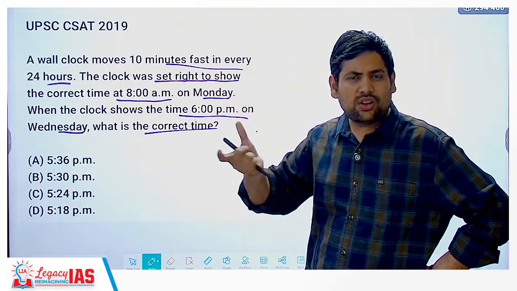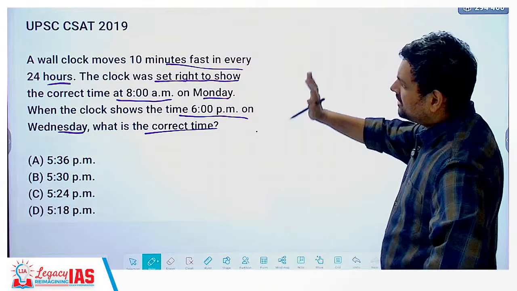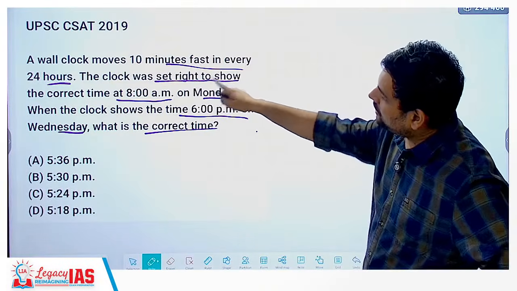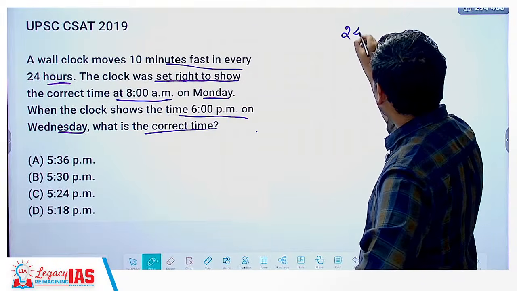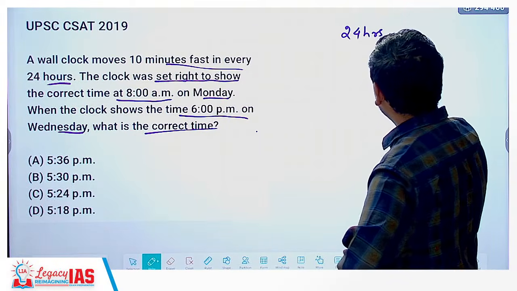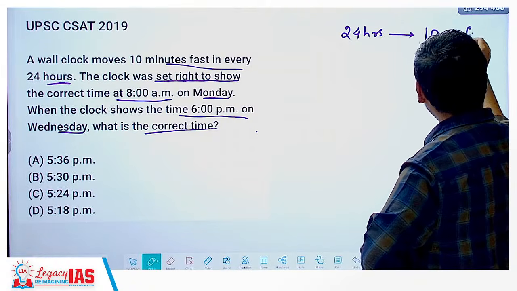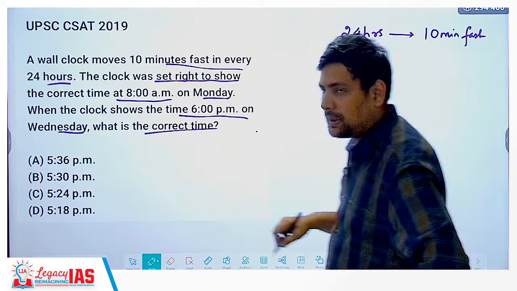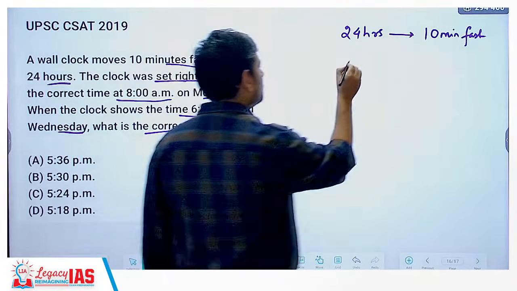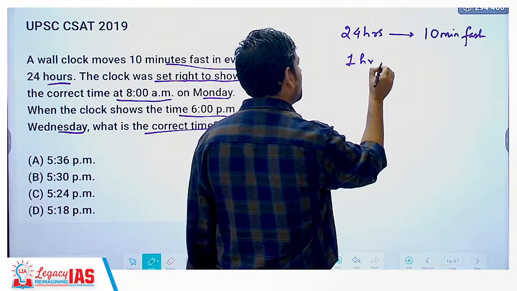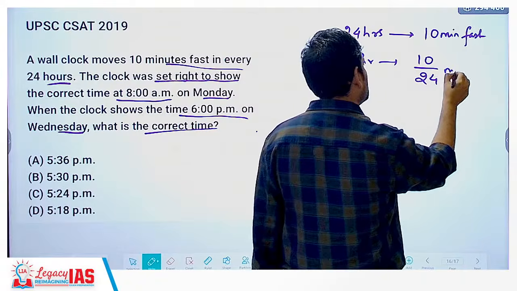In a day, how wrong does the clock become? Just simple mathematics. A wall clock is 10 minutes fast in every 24 hours, so in 24 hours it becomes 10 minutes fast. Correct? Now that means in 1 hour it becomes 10/24 minutes fast.